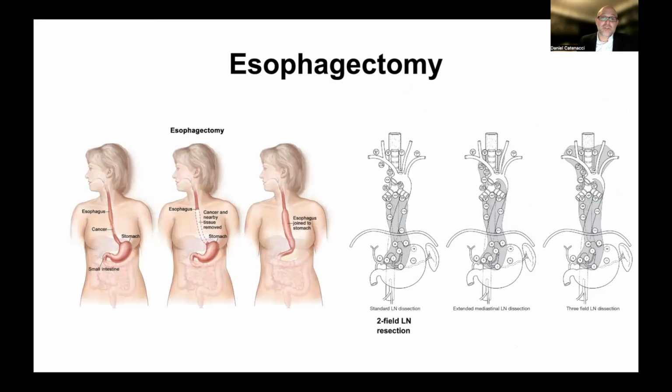In some patients who have a high cancer in the esophagus and no involvement of the GE junction, an esophagectomy without removing the top part of the stomach would be performed, where the incision would be a little bit higher. And again, the stomach remnant would be pulled up into the chest and connected through an anastomosis. Again, in this surgery, a two-field lymphadenectomy would be recommended.